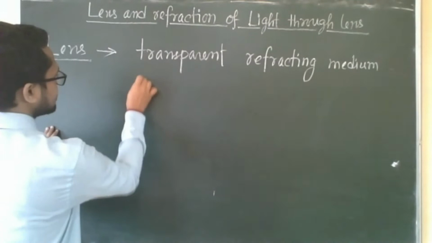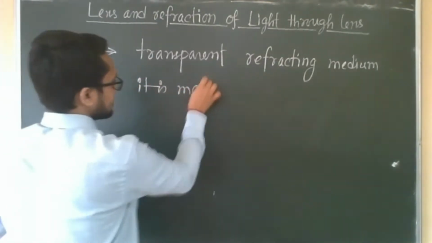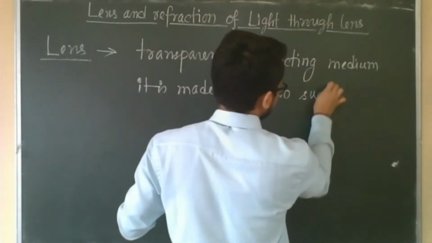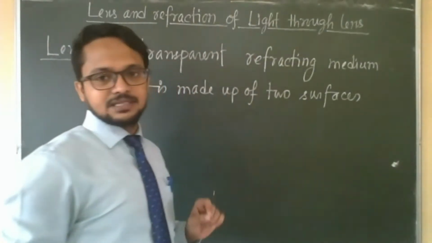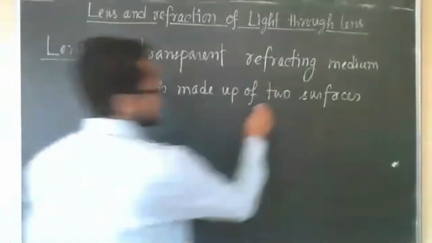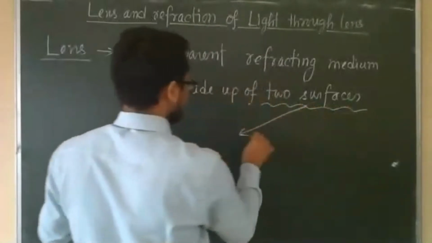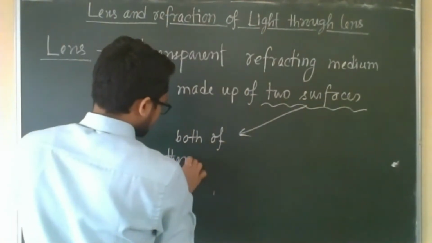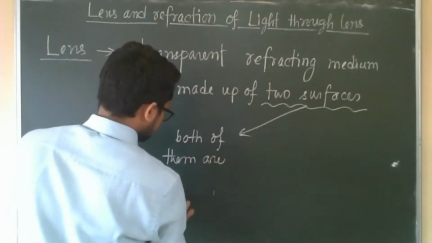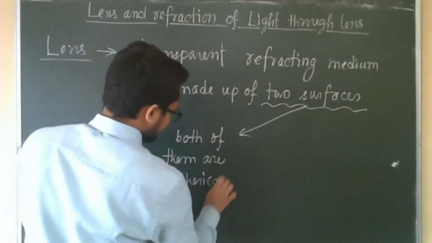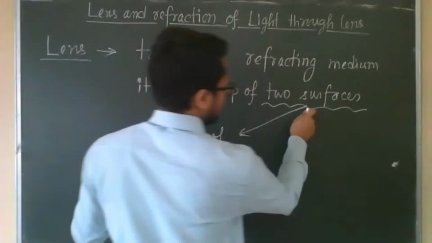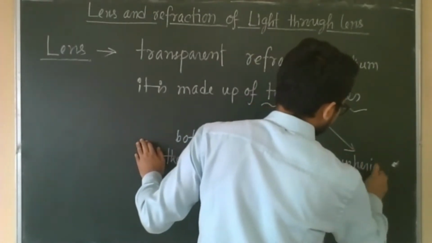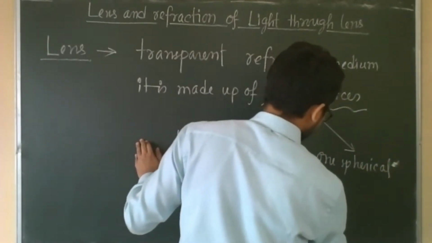Between the two surfaces, maybe both of them are spherical, or one is a spherical surface and one is a plane surface.